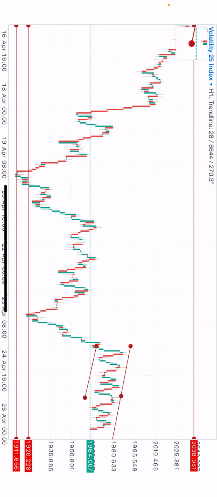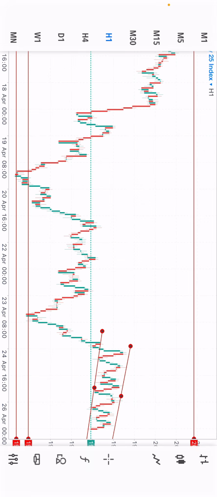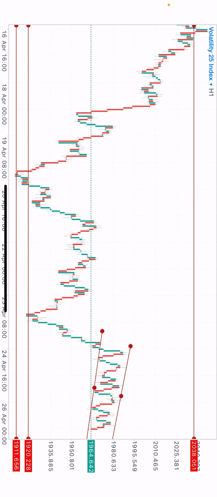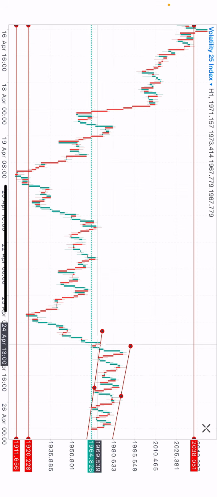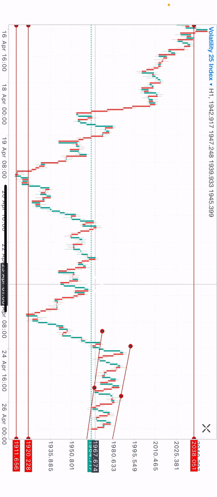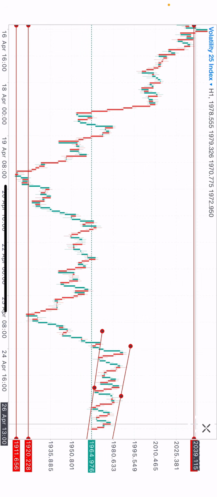Good. So we marked out this up and down movement. As you can see, look at this, the market, and this is a resistance level from the 1 hour time frame as well. So let's also mark that out.